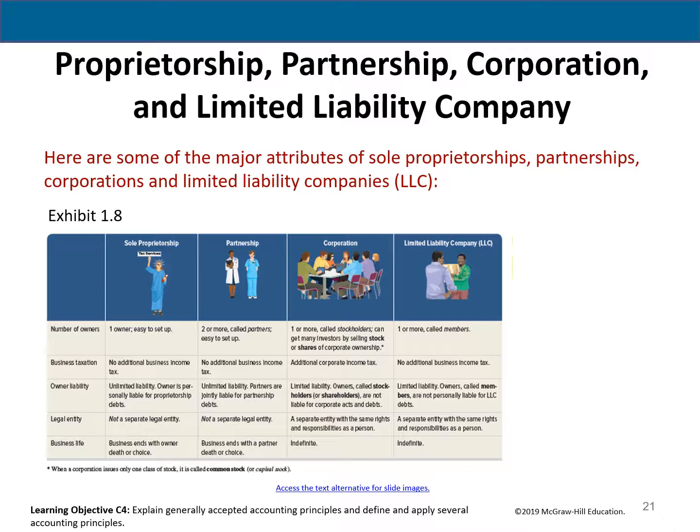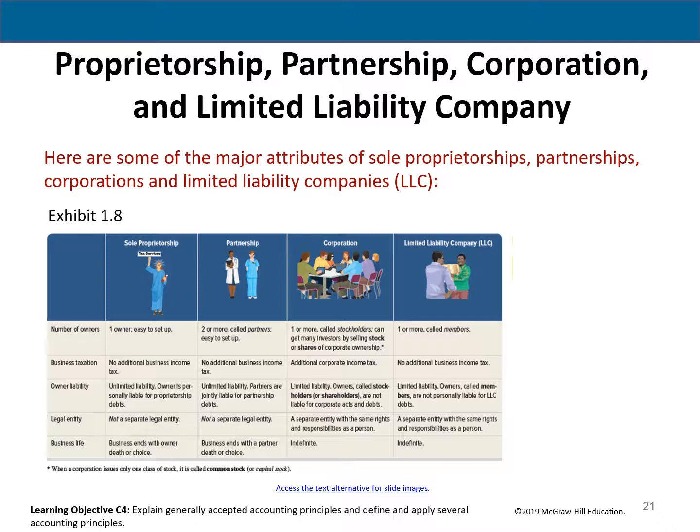Now I know this graphic is very small, but these take you through the definition and some of the major advantages and disadvantages of each. So a sole proprietor is one owner, very easy to set up. There's no additional business income tax on a sole proprietorship.